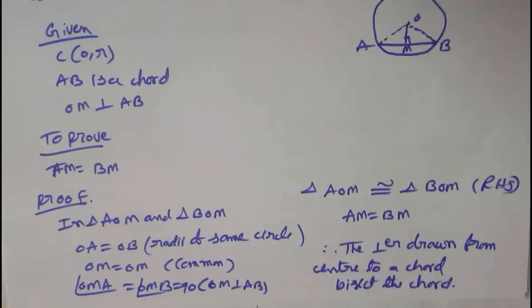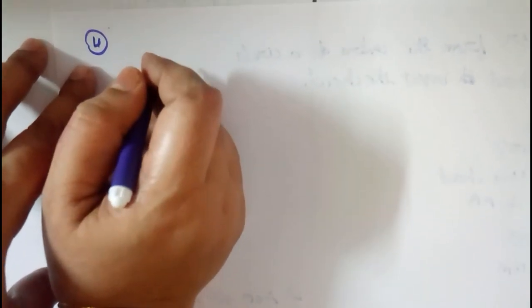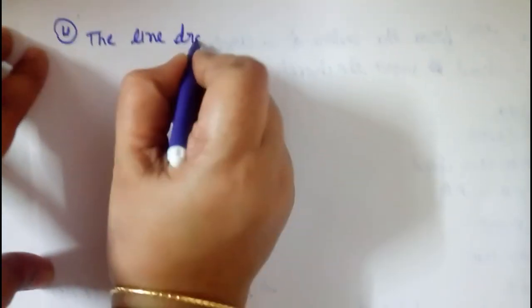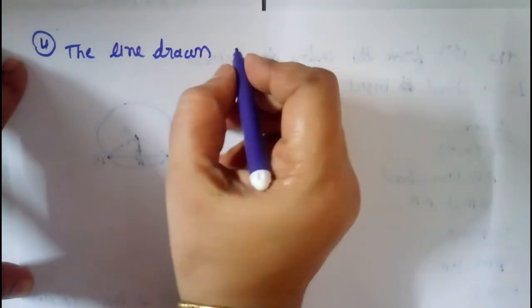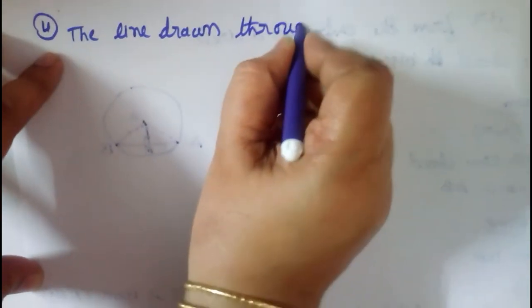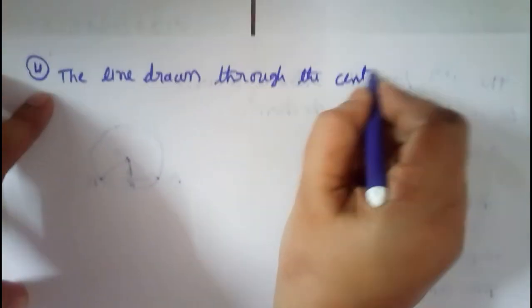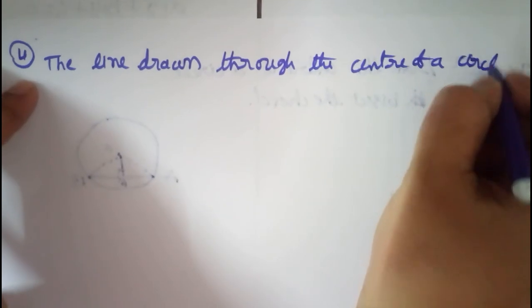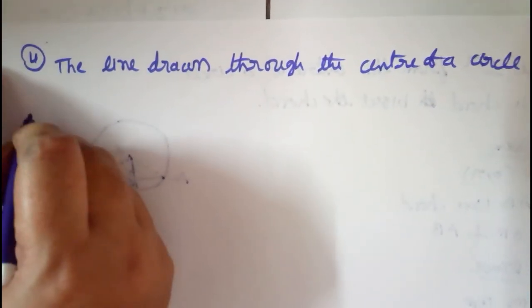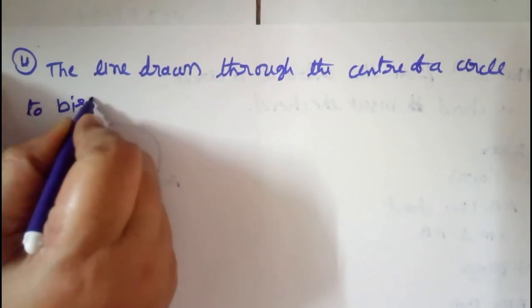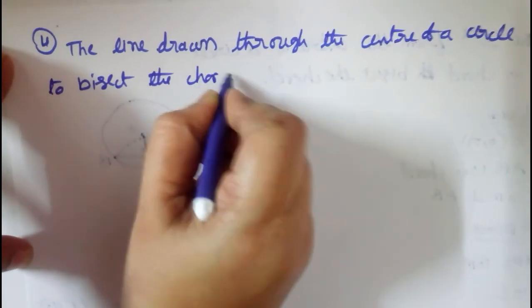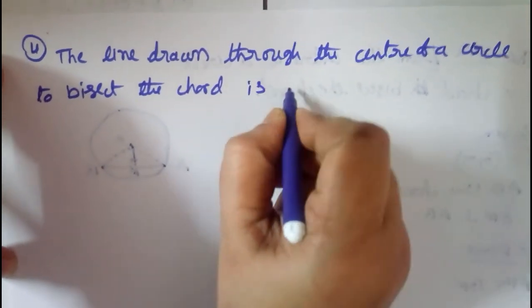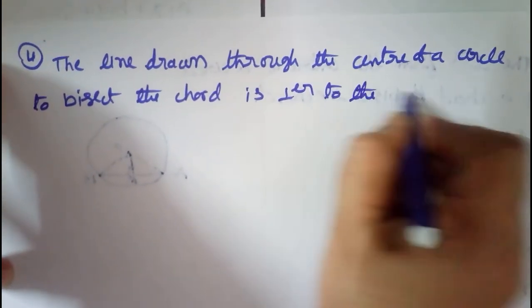So the converse of this one is, now the fourth property: the line drawn through the center of a circle to bisect the chord is perpendicular to the chord.